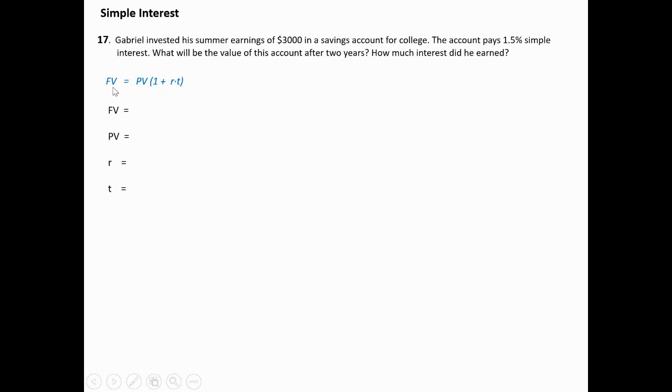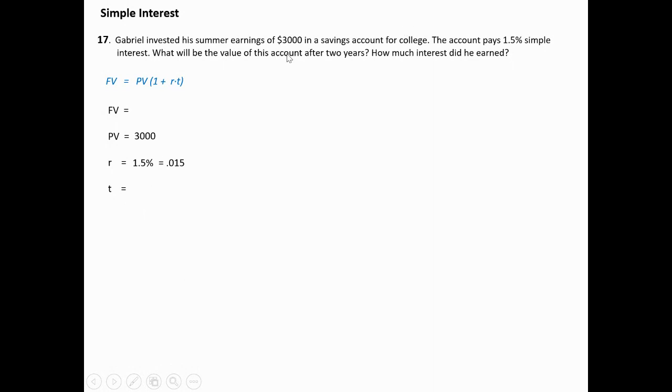So we have to know the future value, the present value, my interest rate, and my time. And remember, the time is always in years. So now, what will be the value in 2 years? We're looking for the future value, right? So the 3,000 is going to be the present value. The interest rate is 1.5%, which is 0.015.